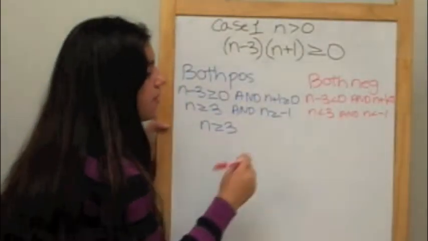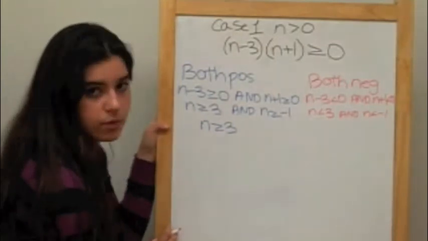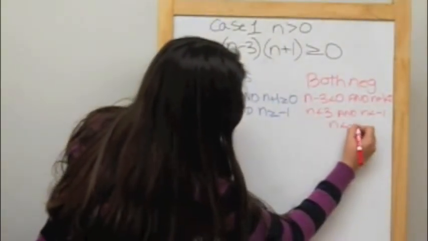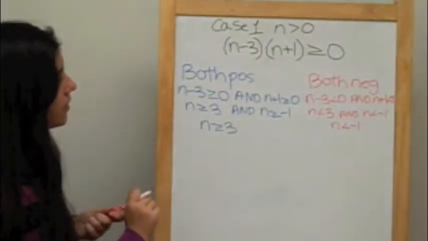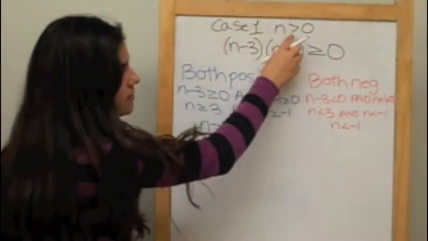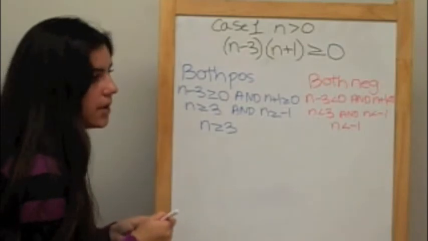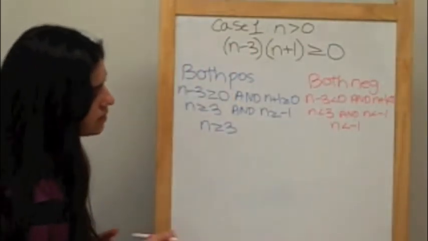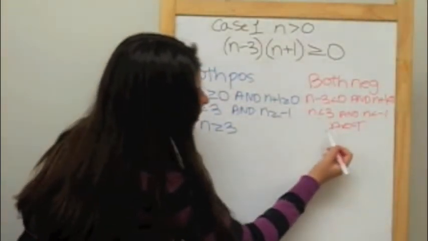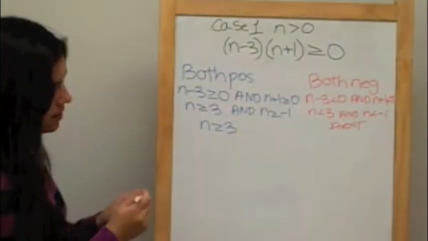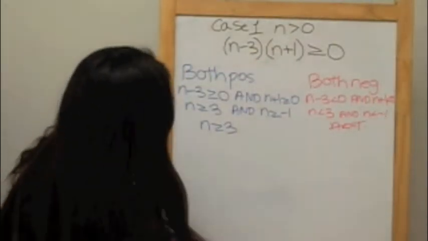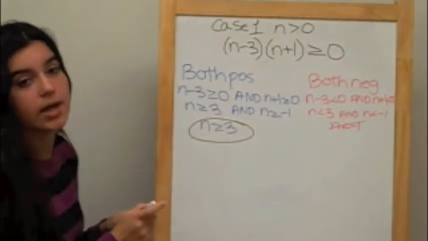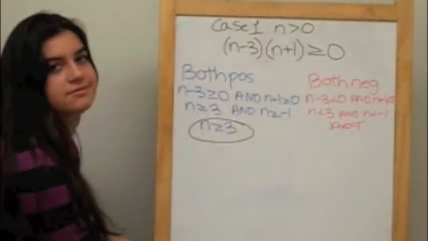For n to be both less than 3 and less than negative 1, n must be less than negative 1. However, in our case, n is greater than 0, and no number less than negative 1 can ever be greater than 0, so this solution will never work for this case. And this is our final answer for case 1, n is greater than or equal to 3.